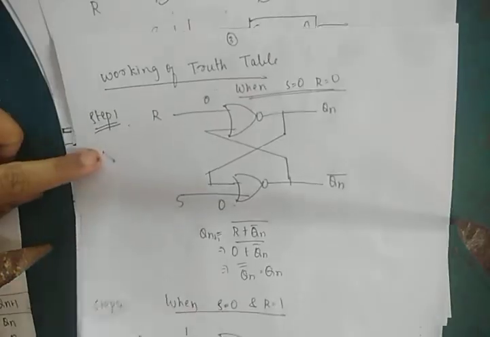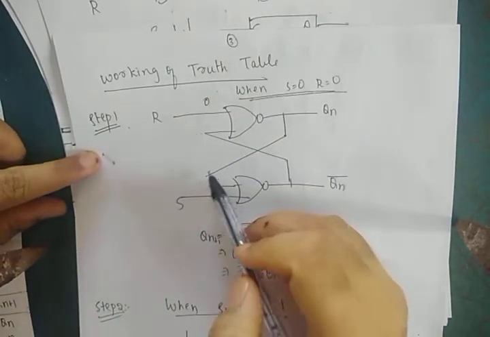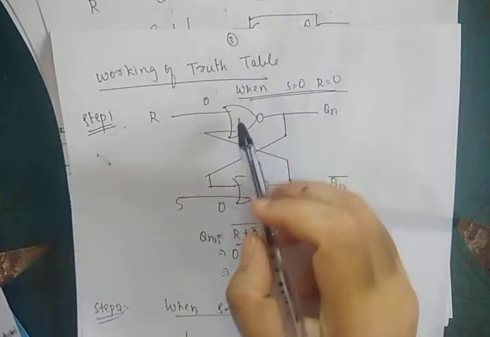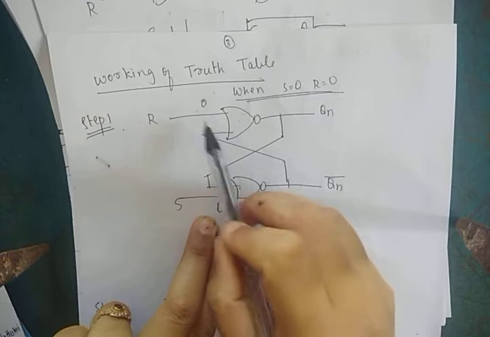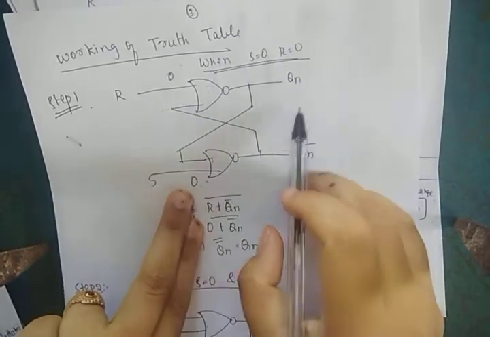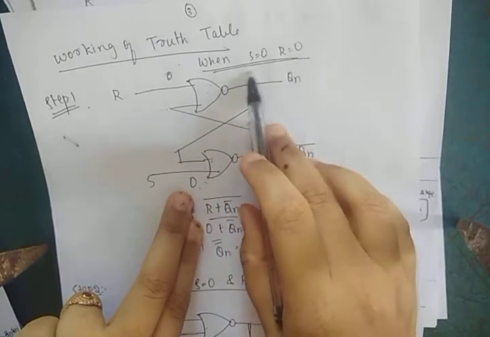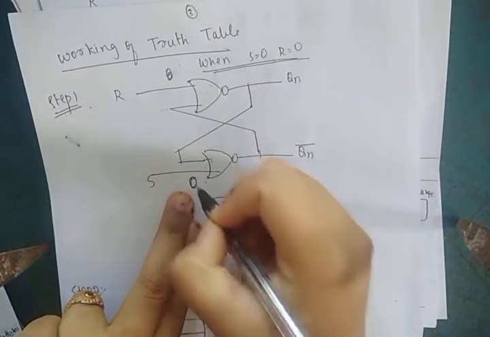See here, the working of the truth table. Step 1: put the same diagram, that is the latch diagram. Here I have a NOR gate. R is 0 and S is 0, both the inputs are 0, 0.